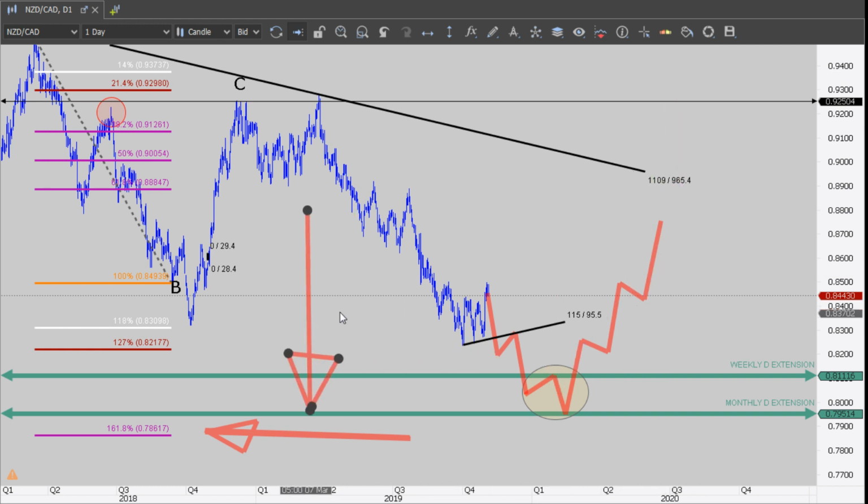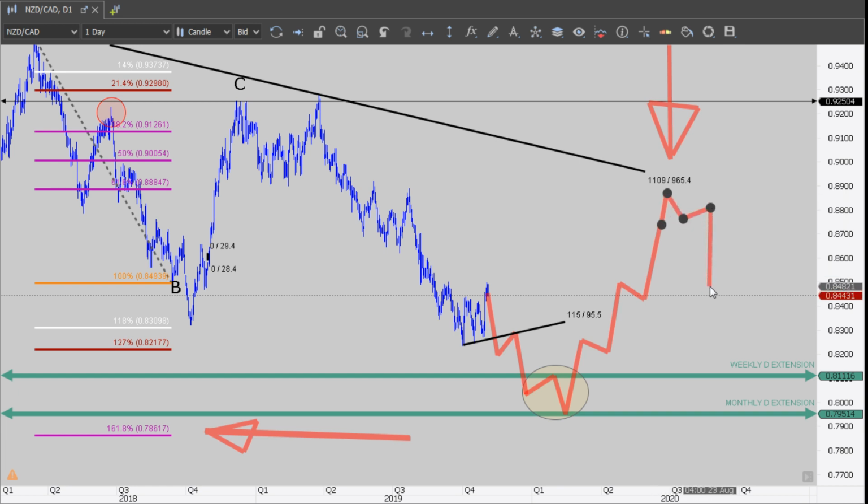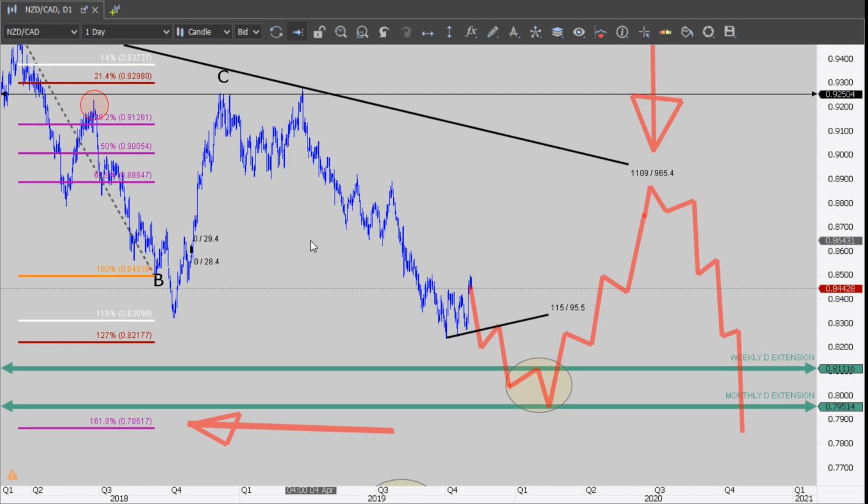So if Miguel stays in the trade and waits, he's not wrong. It's just going to take him, I don't know, 6 months, 7 months, 8 months, a year and a half for the trade to reach the D extension. Questions, everybody?